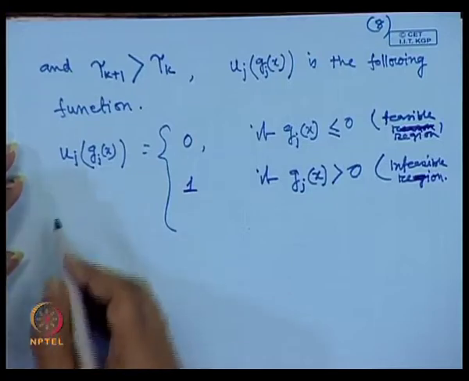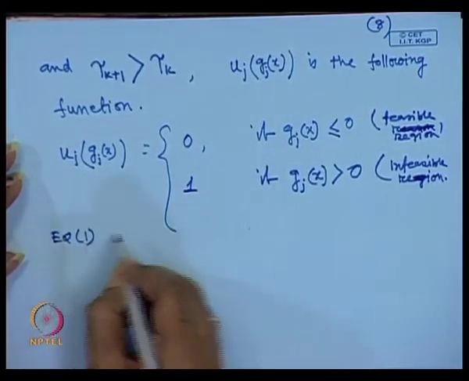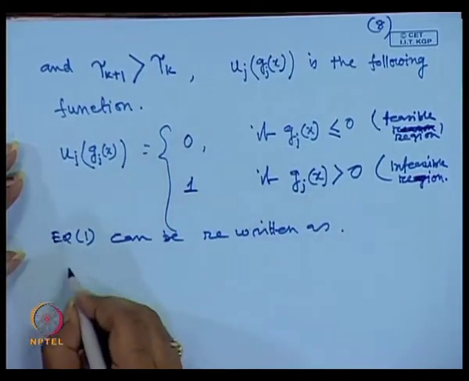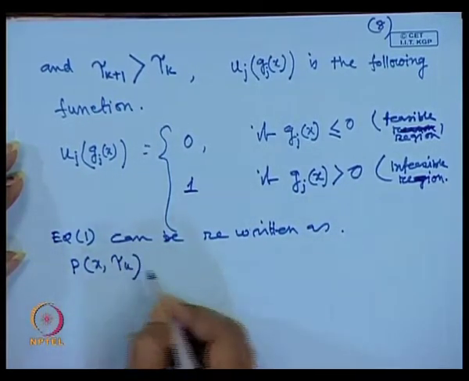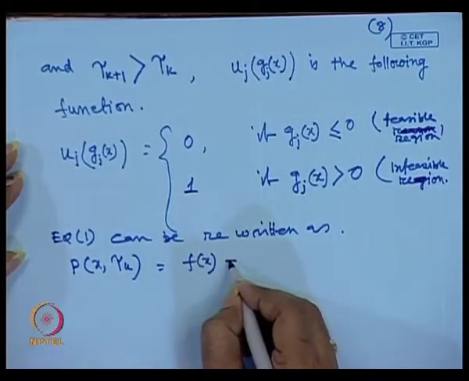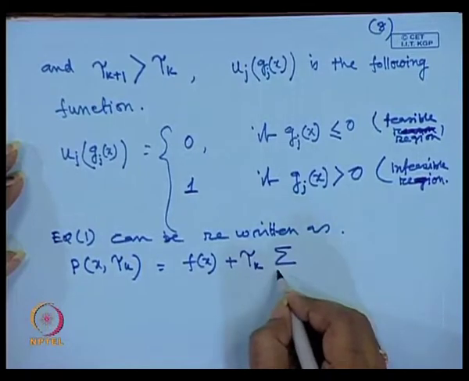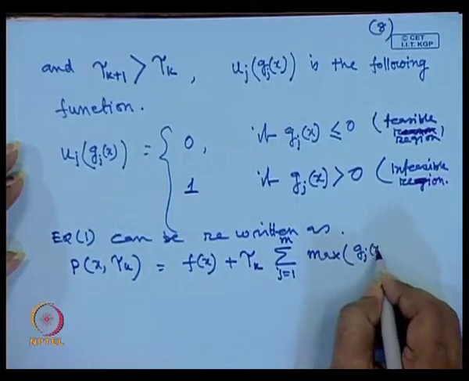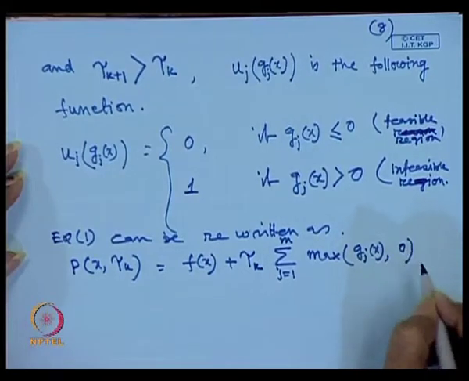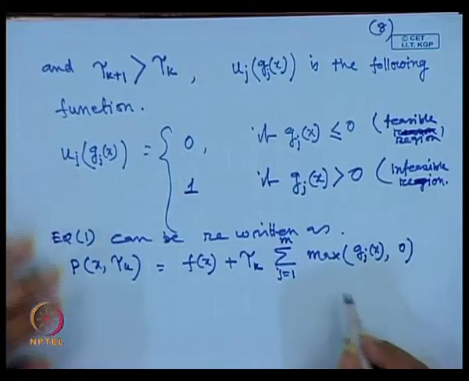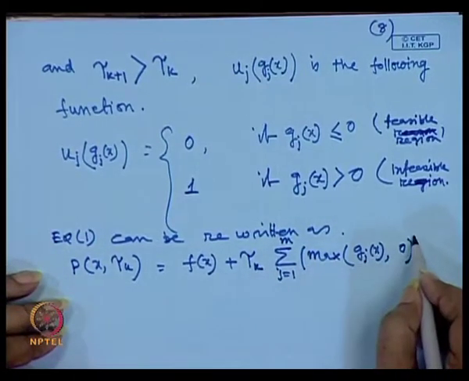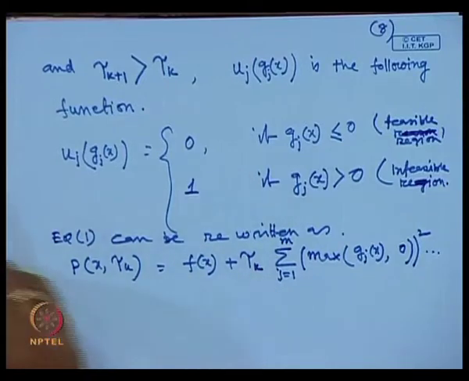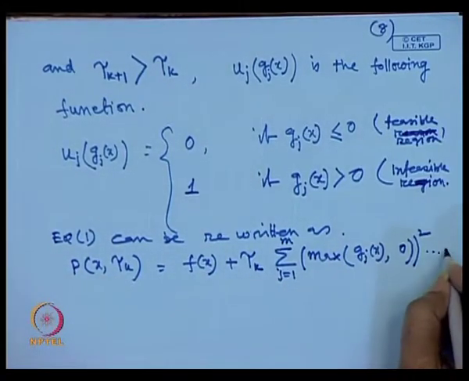So, equation 1 can be rewritten as P(x, tau_k) is equal to f(x) plus tau_k times the summation of j equal to 1 to m of max(g_j(x) minus 0, 0), then whole square. So, let us call this equation number 2.